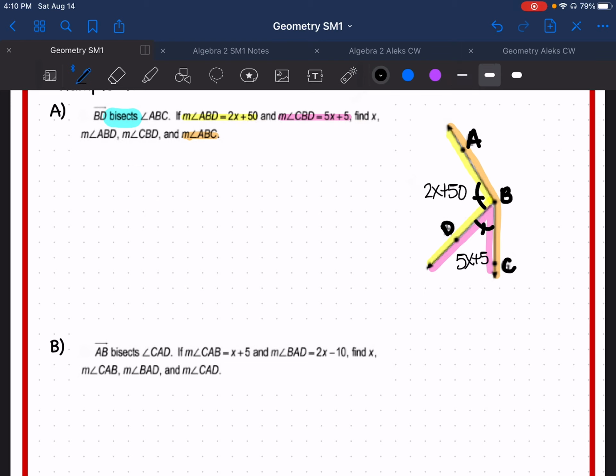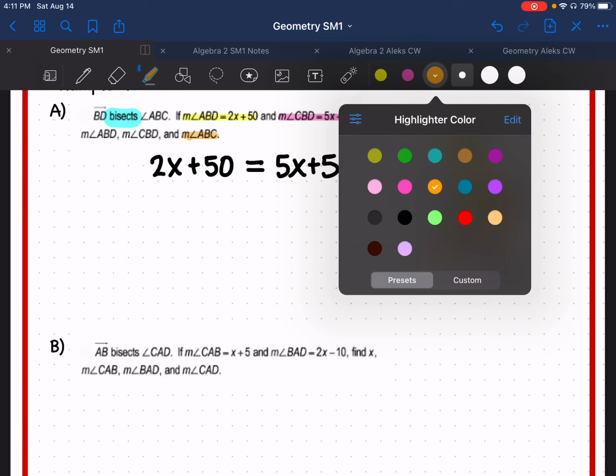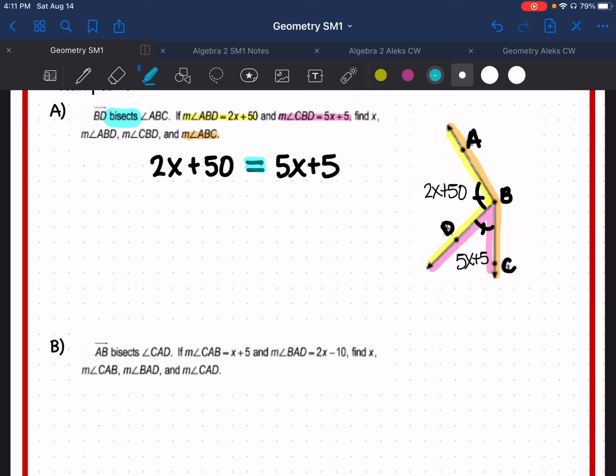So what we're going to do is say 2x plus 50 equals 5x plus 5. We knew that they were equal because of the word bisect. So we knew that the yellow piece and the pink piece, the two parts of my orange angle, were equal because of the word bisect.